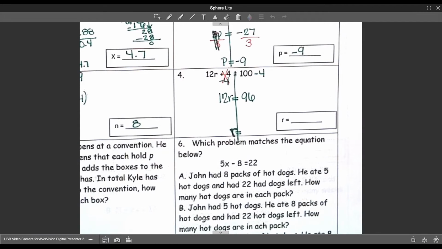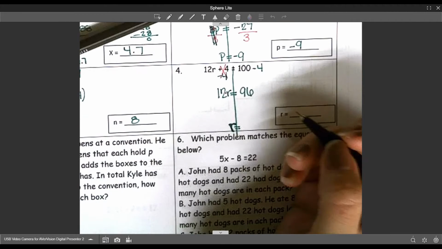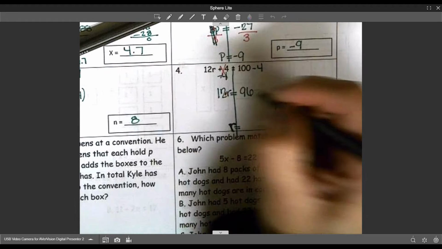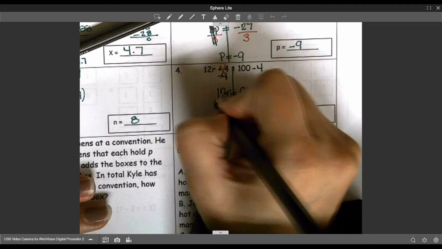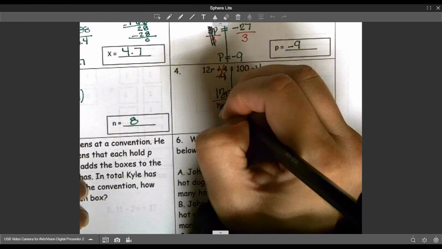What is my next step? How do I get rid of that 12 to leave r by itself, to isolate the r? Very good. Instead of multiplying times 12, because remember that a number and a letter together means multiplication, I'm going to divide by 12.